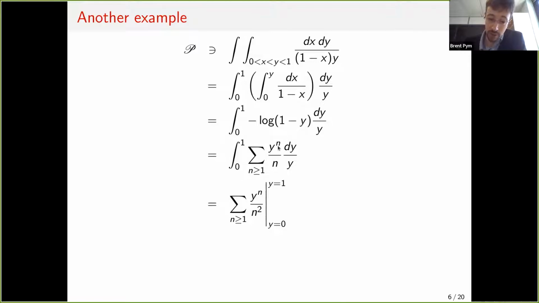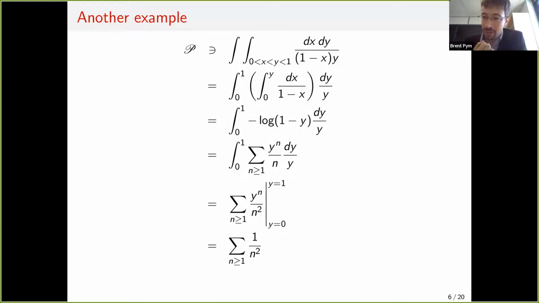I have to evaluate it at the endpoints. When y is equal to 0, I don't get anything interesting. When y is equal to 1, I plug 1 in and I get the sum of 1 over n squared.